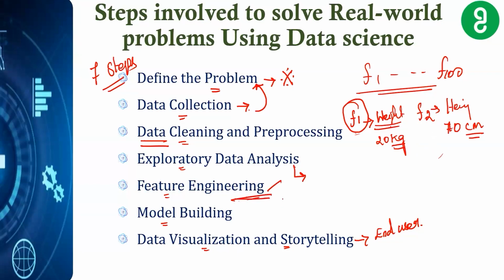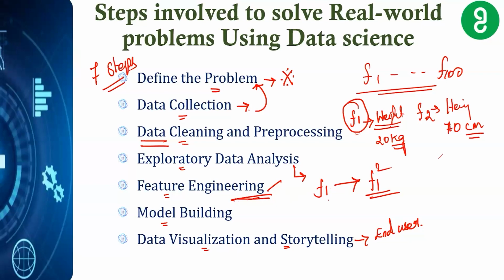And you can do some mathematical implementation, like f1 could be transformed into f1 squared. This kind of feature transformation, data transformation is applicable in feature engineering.